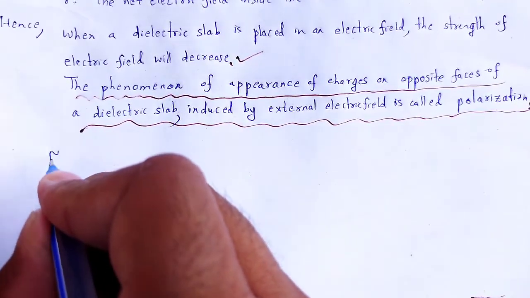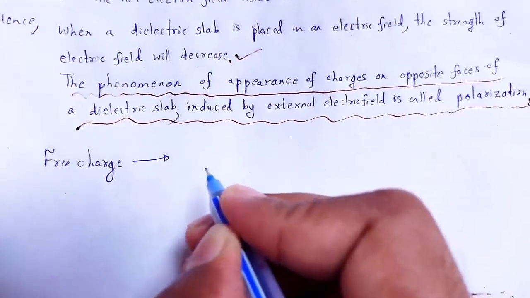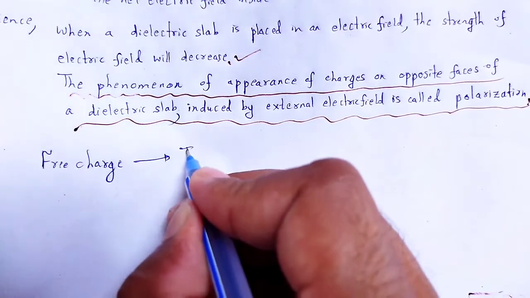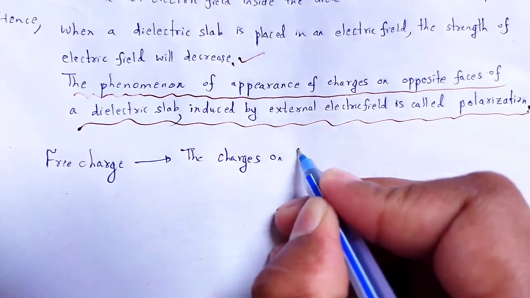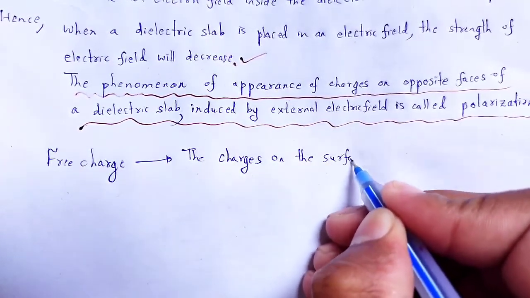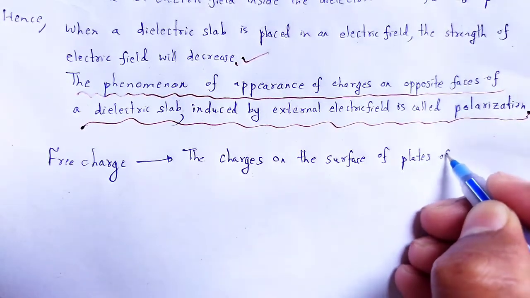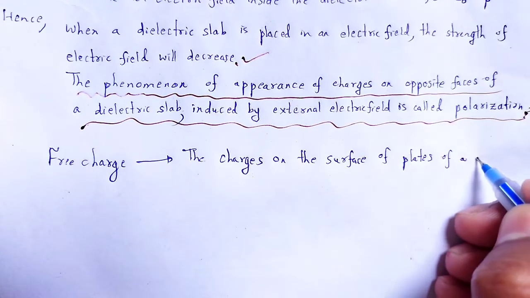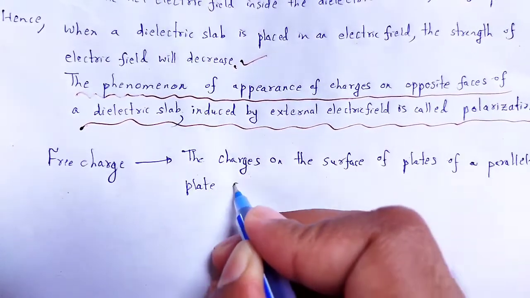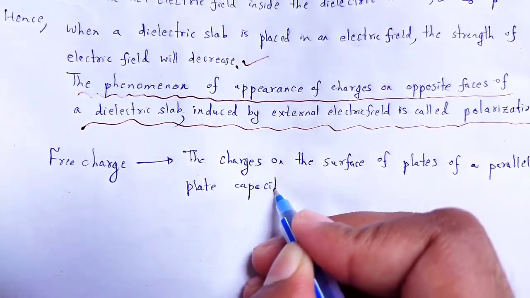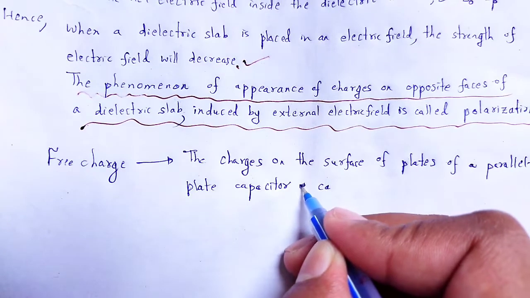We define what is free charge. Free charge: the charges on the surface of the plates of a parallel plate capacitor are called free charge.